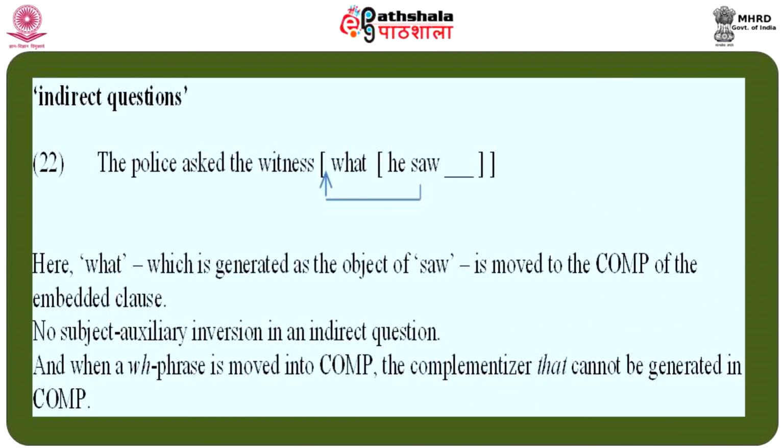So far, we have only looked at constituent questions in the root clause. These are called direct questions. They require an answer from the hearer. But there are also indirect questions, where the question is only reported and is in an embedded clause. Consider the sentence on your screen, sentence 22. The police asked the witness what he saw.